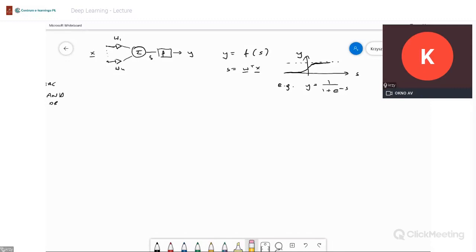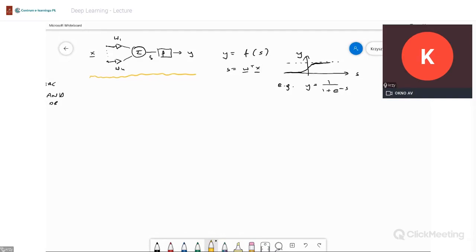So let's begin with a very, very brief summary of what I have told you before. I introduced you to a neuron, or artificial neuron, and this block diagram is trying to depict how this unit transforms input information, which is a vector, into output information, which is a scalar.